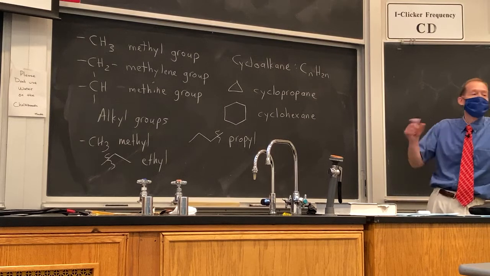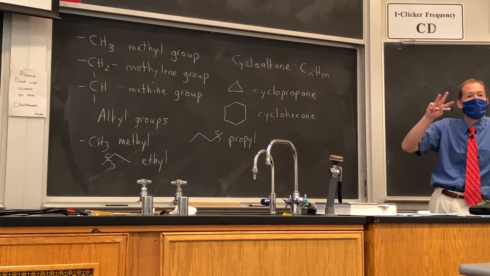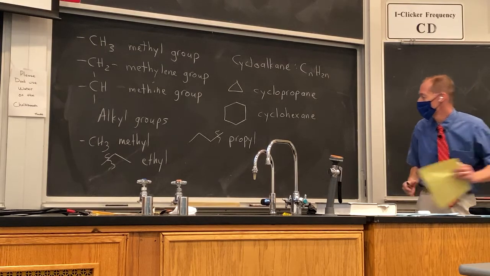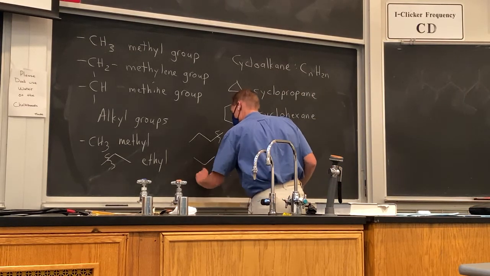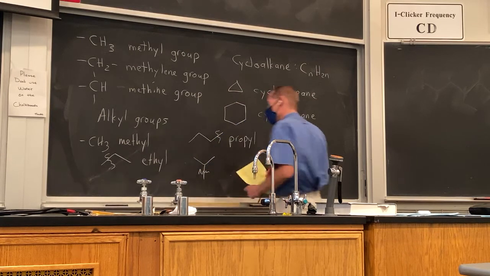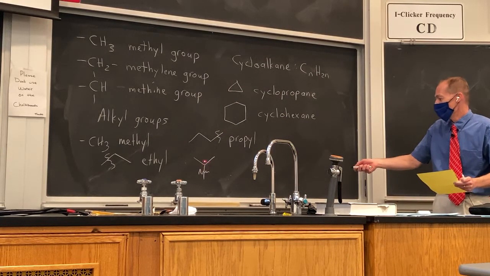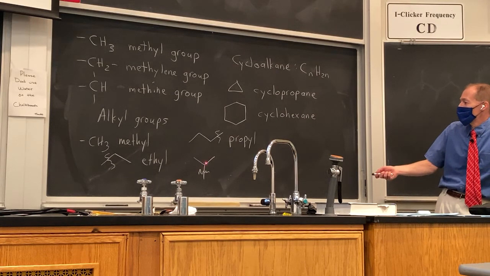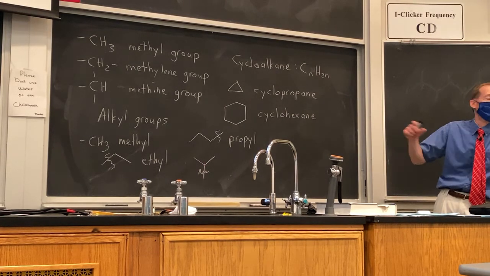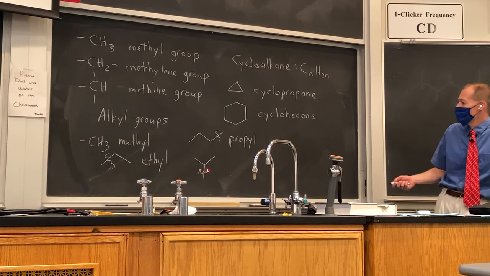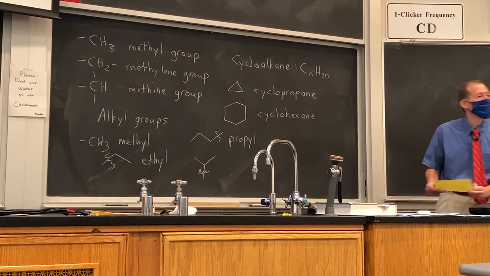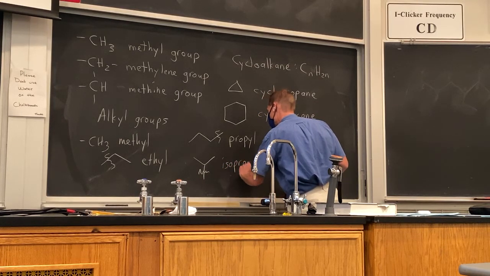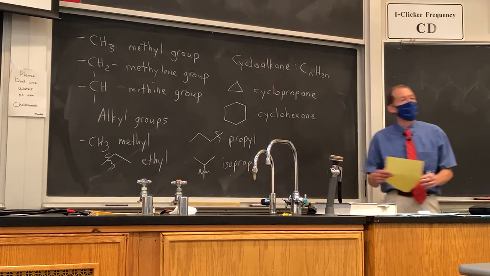So we can take off a primary hydrogen, and we can attach that 3-carbon unit to a longer chain or to a ring, and that's a propyl group. But we could also take off one of our secondary hydrogens, and we could form a bond from that secondary carbon to a longer chain or to a ring. So we need to have a name for this one. We call that isopropyl. So we have propyl and isopropyl.